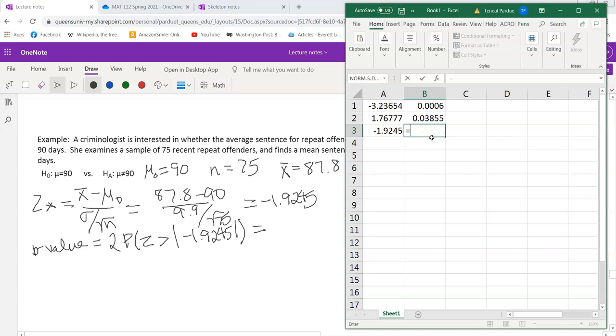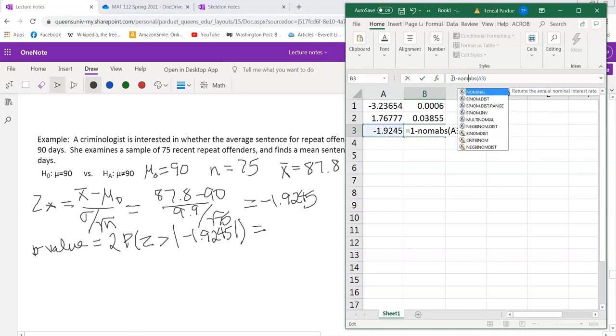And again, if we go from the inside out, we're looking for the absolute value of that number. And now to find the probability that z is greater than that, we have to do 1 minus NORM.S.DIST of that number, comma true. And then we need 2 times that.